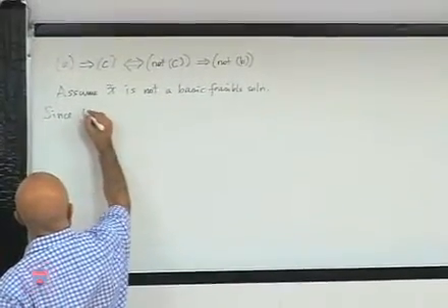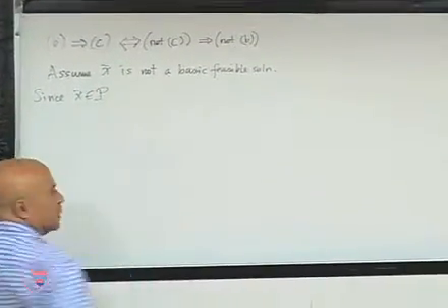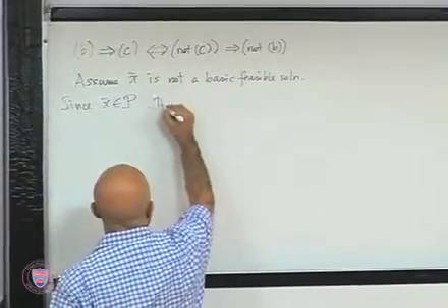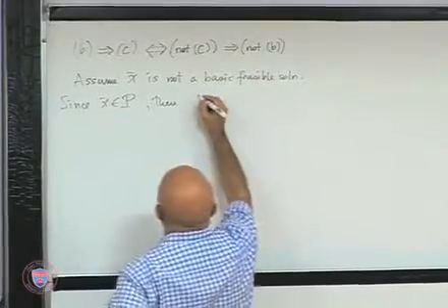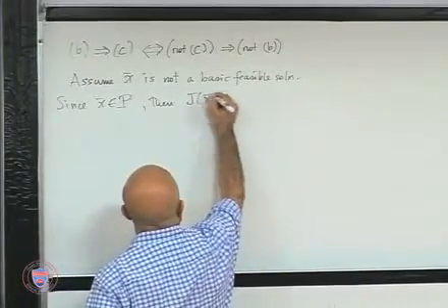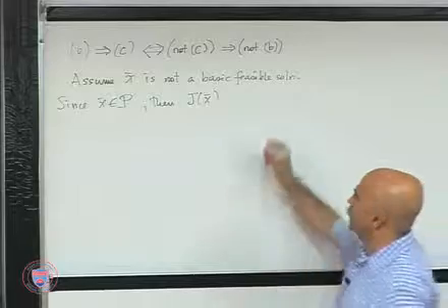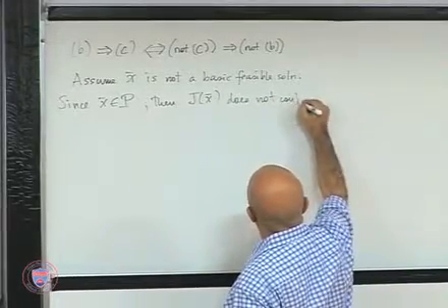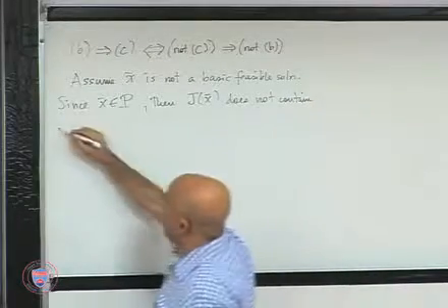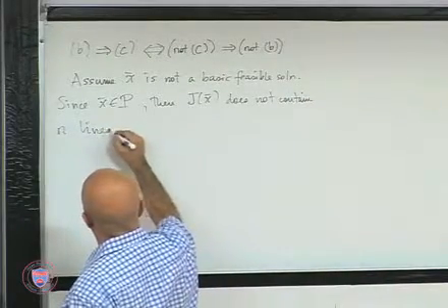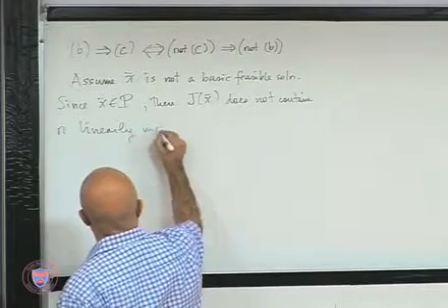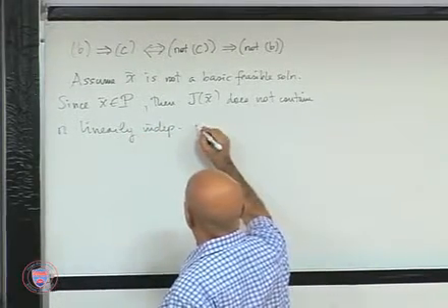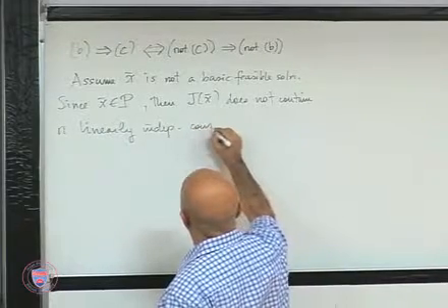So, the only remaining possibility is the other possibility. Since X bar is by assumption a point of P, then the active set J of X bar does not contain n linearly independent constraints.